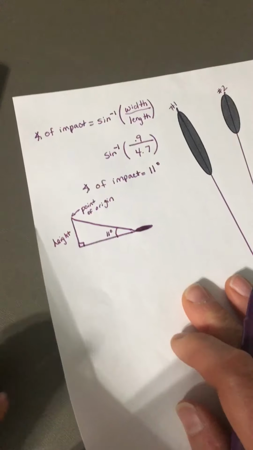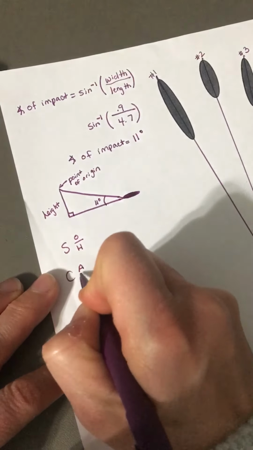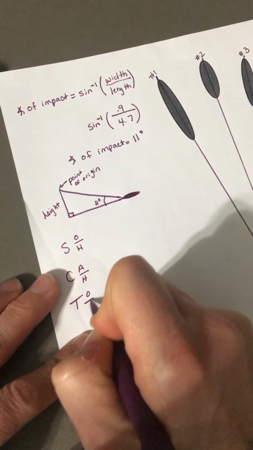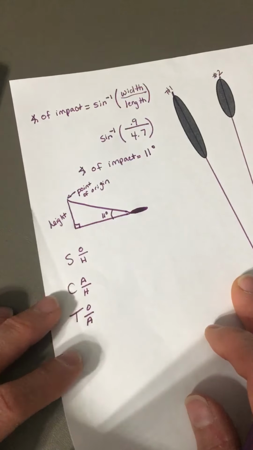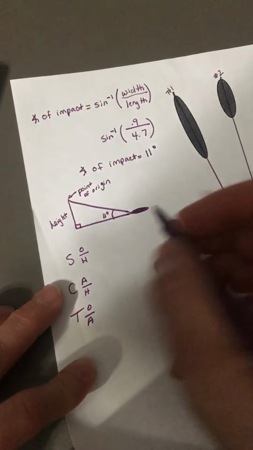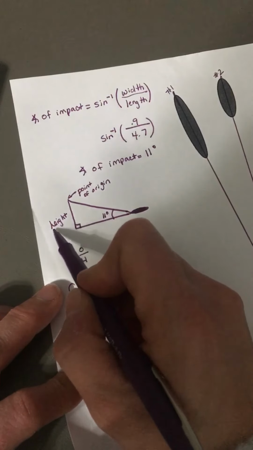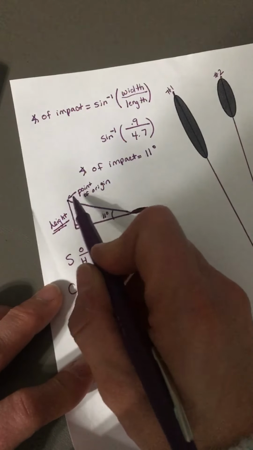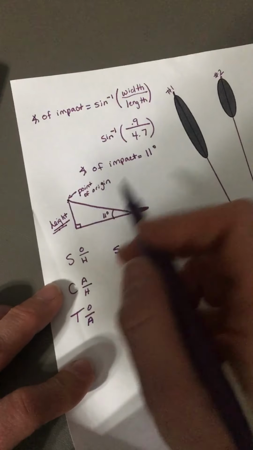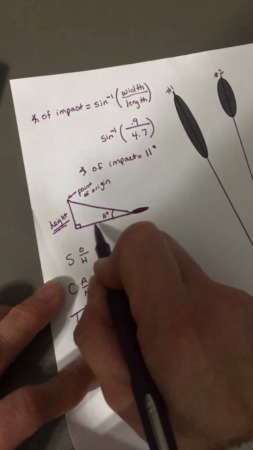Okay, so now I can use SOHCAHTOA to figure out all of the different parts of my triangle. For example, say I want to find the height above the ground of this point of origin. All I would need is this angle right here.